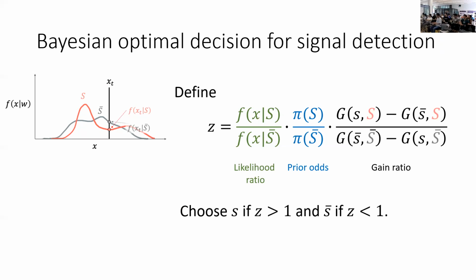A more conventional way, maybe, is to move the likelihood to the left side. So you just choose, given what kind of likelihood I get, then I will choose whether it's a signal or a noise, but the effect is the same.